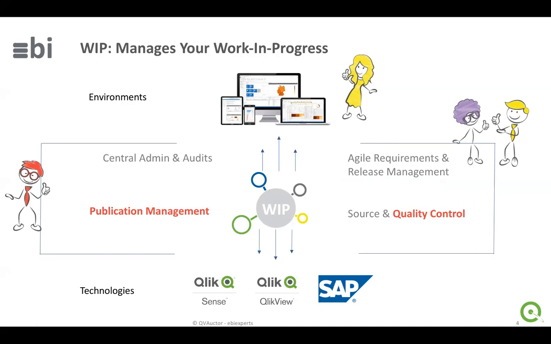And then we still have the very good source control and the quality control, which is what we're here to talk about today. And then the publication management, so how those two things integrate and work together. And then, of course, we have the central admin. We'll show how you configure and manage the features that we'll show today, and then the full audit that you can run within the system.